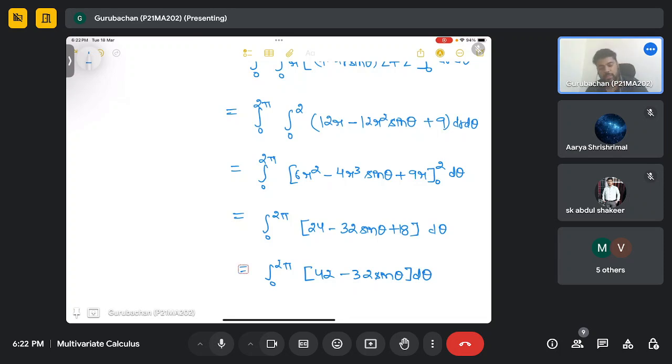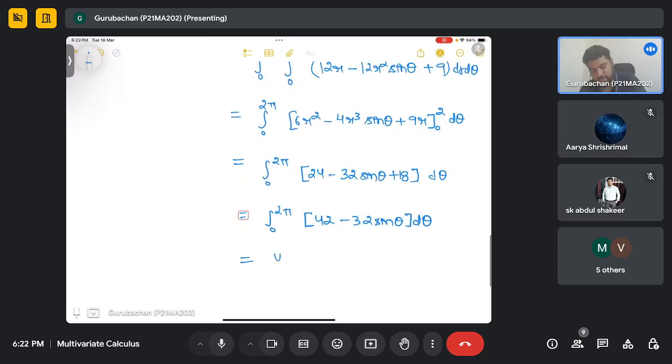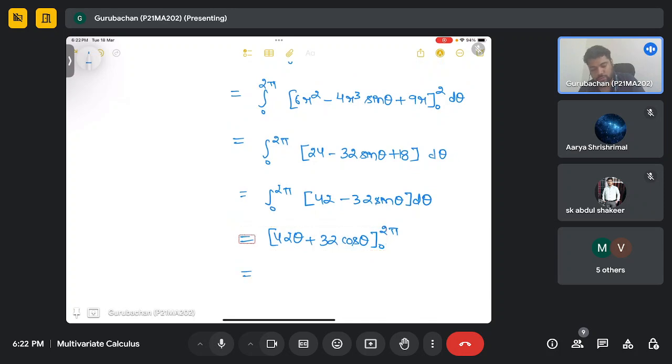Now this will be 42 theta plus cos theta from 0 to 2 pi. Cos 2 pi and cos 0 are equal, so we can directly say it will be 84 pi. So you got the right hand side as 84 pi.